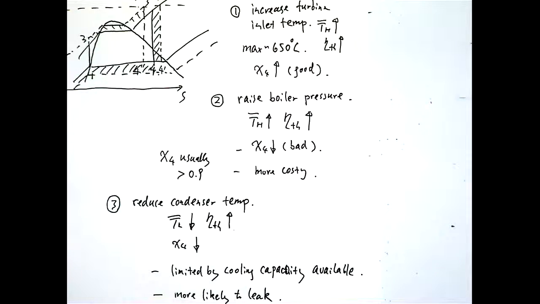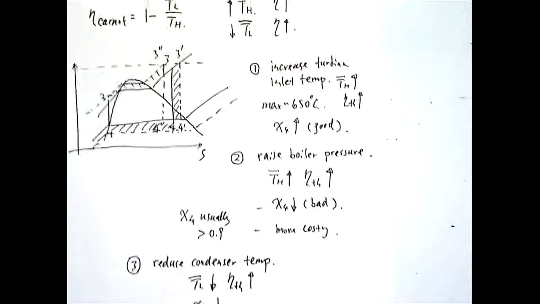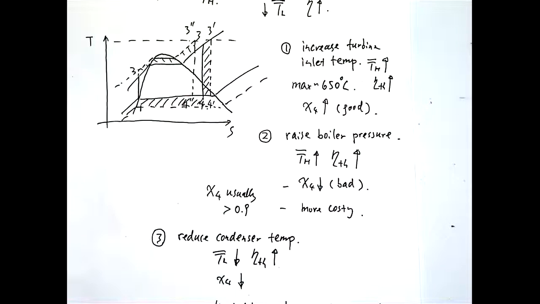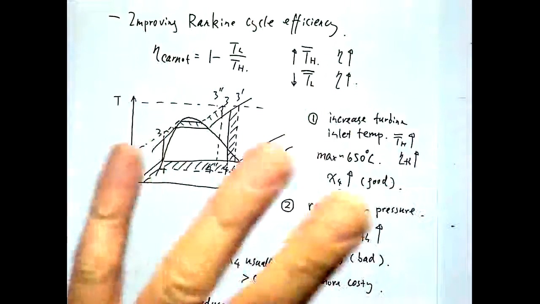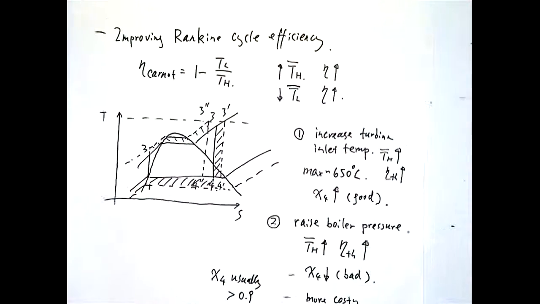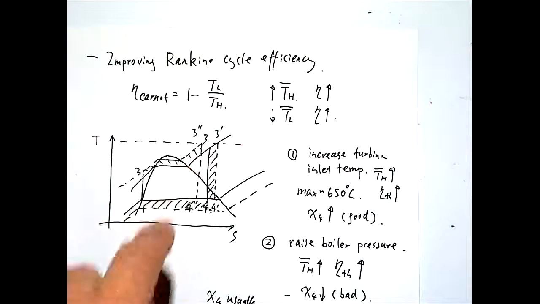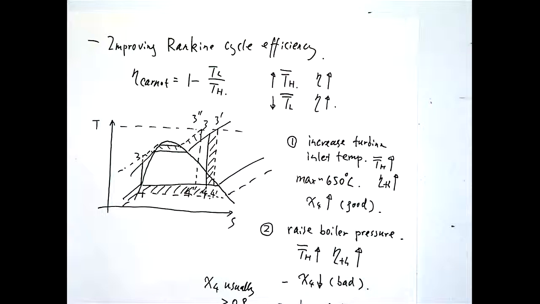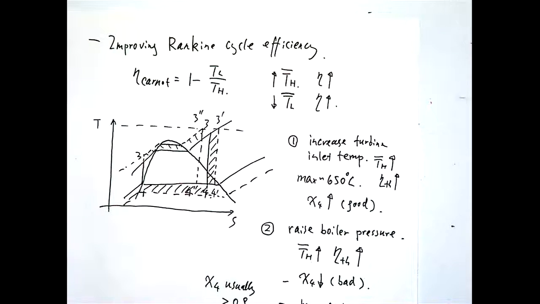Right. So based on the consideration from the Carnot cycle, there are three ways that we can improve the Rankine cycle efficiency. But what I'm going to discuss next is what is actually being used in reality. As said, the turbine inlet temperature has already been used to the maximum it can be.